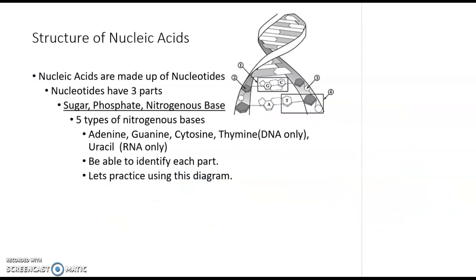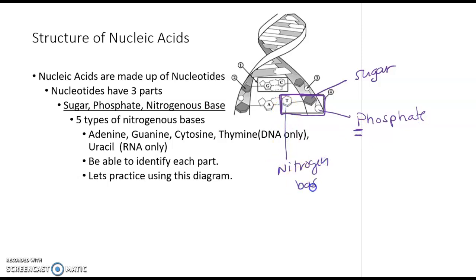If we take a look here at the structure of DNA, right here you see a nucleotide. And so in this nucleotide you have a sugar. If it's DNA, it's deoxyribose. If it's RNA, it's just ribose. You have a phosphate. That's where the phosphorus comes in. And then you have a nitrogen base.